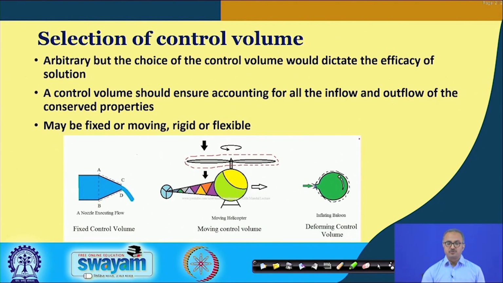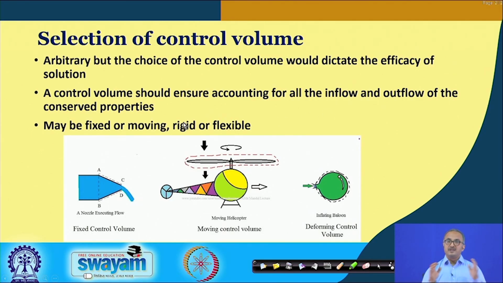Now, for selection of a control volume, this is very important, how we select. Selection is arbitrary, but depending on the selection we make, our analysis may get simplified or may get complex. So, with experience it comes to us how to select a control volume before we start writing the balance equations. The only thing is this: a control volume should ensure accounting for all the inflow and outflow of the conserved properties.